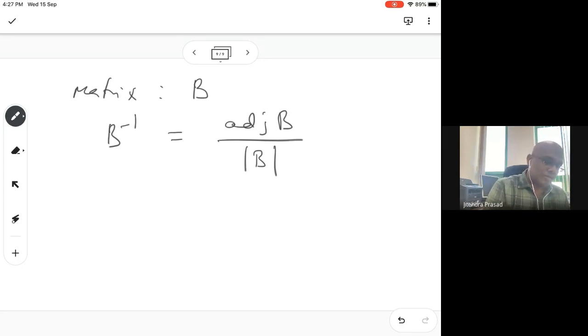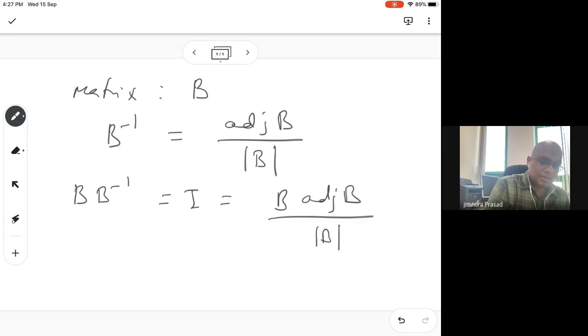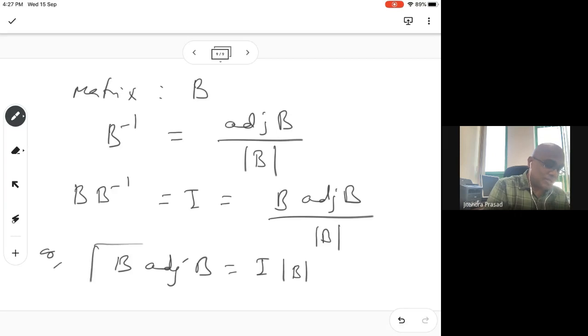But this is the basic definition: B inverse equal to adjoint of B divided by determinant of B. And then if you pre-multiply it by B, then B times B inverse will be equal to I, the identity matrix by definition, and then you get B times adjoint B divided by determinant of B. Or B adjoint B is equal to I times the determinant of B. So we have this one.